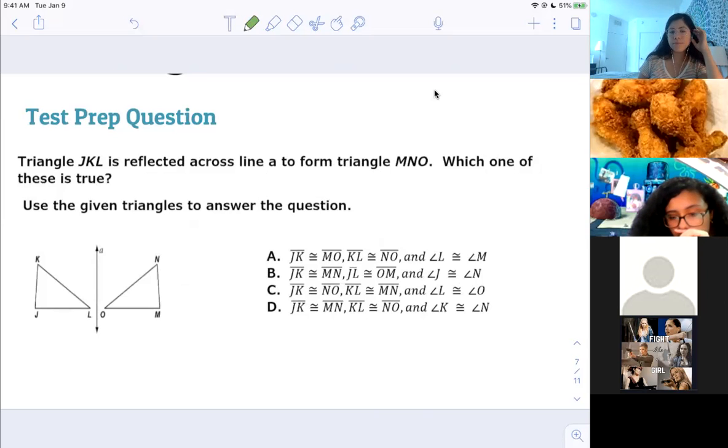It's just a lot of letters, but once you understand it, you should know the answer.